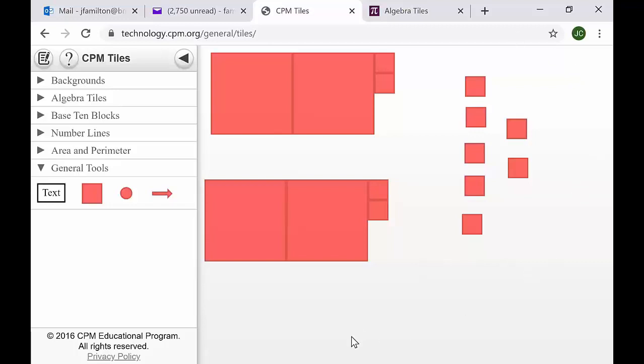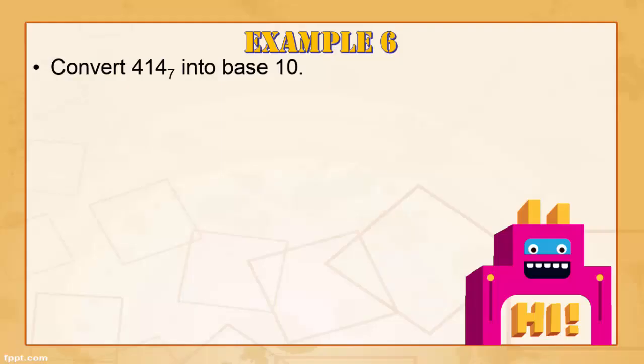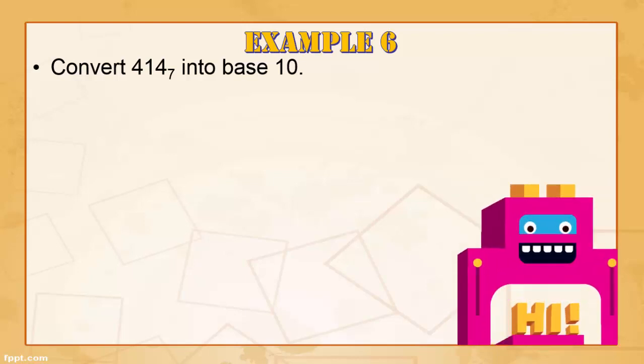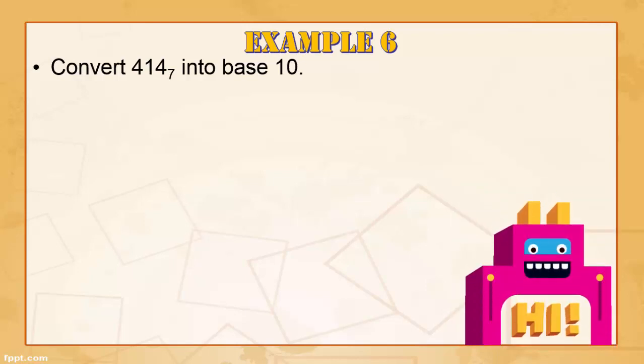So that would mean that 414 base 7 is equivalent to 207 in our base, or in base 10. Now let's look at how we would look at this particular example using a table. So I'm going to go back to the whiteboard and work it out using a table.